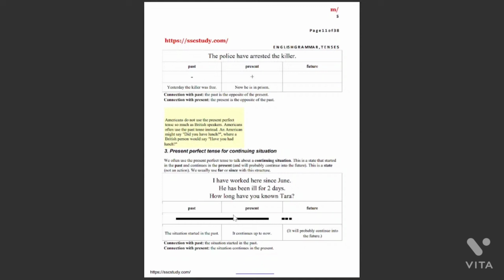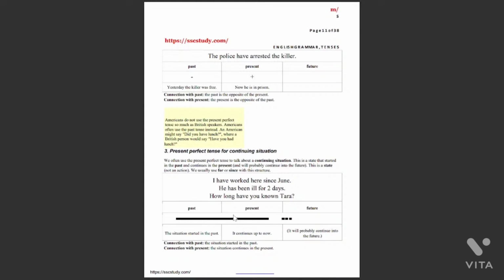Americans often use the past tense instead. An American might say, did you have lunch, where a British person would say, have you had lunch? So this is how American English and British English speakers differ.